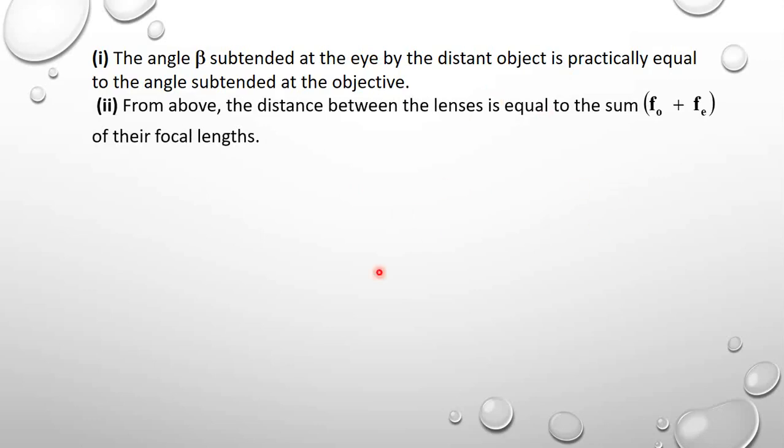So this provides a simple method for setting up the convex lenses to form an astronomical telescope when their focal lengths are known. So if I know their focal lengths, I just need to set them a distance f0 plus Fe apart.